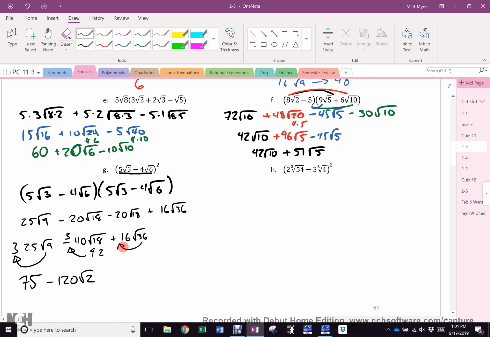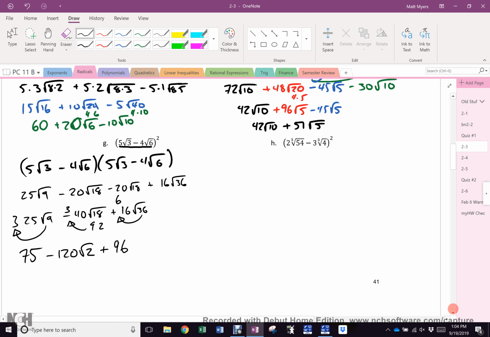What's coming out? 6. So what's the answer? Any more simplification to do? What is it? 171 minus 120 root 2.